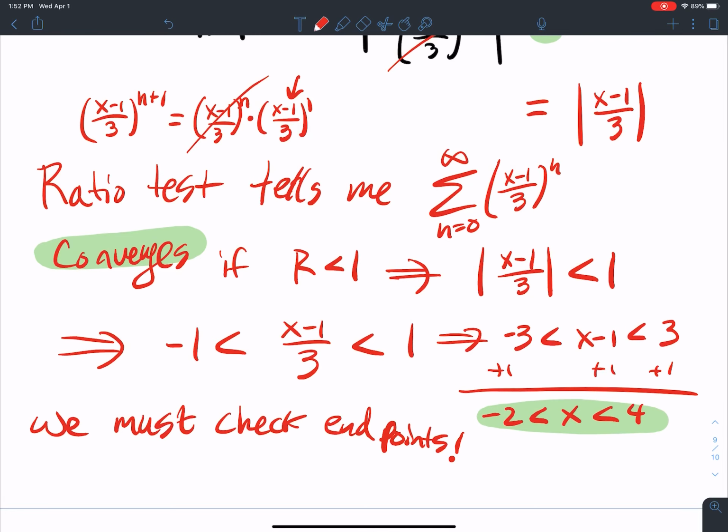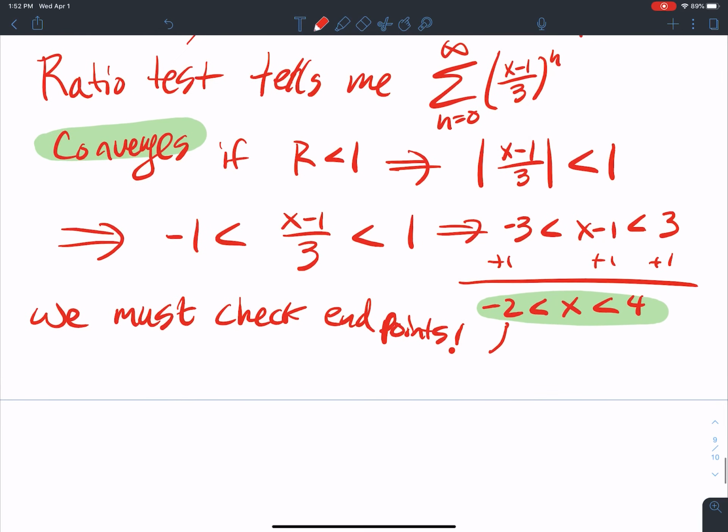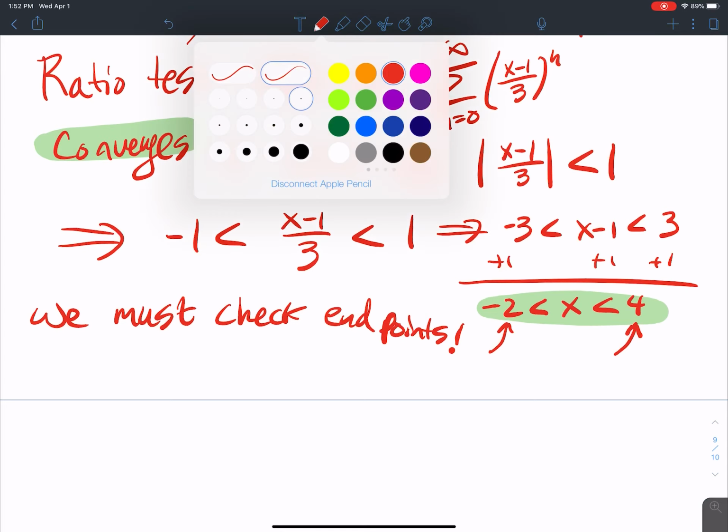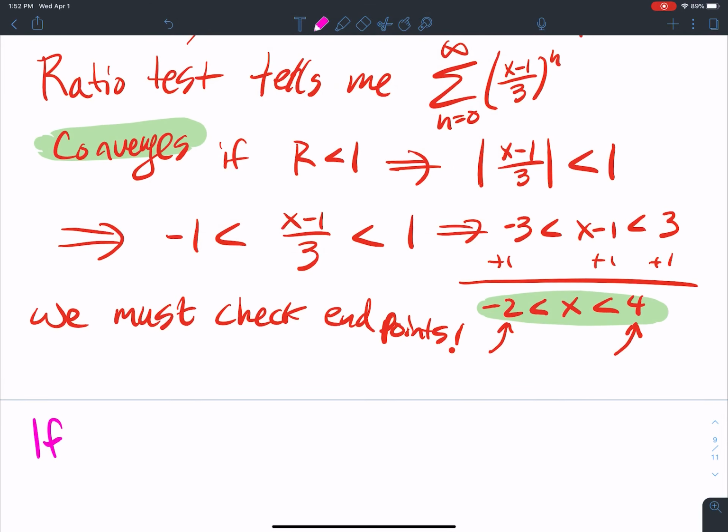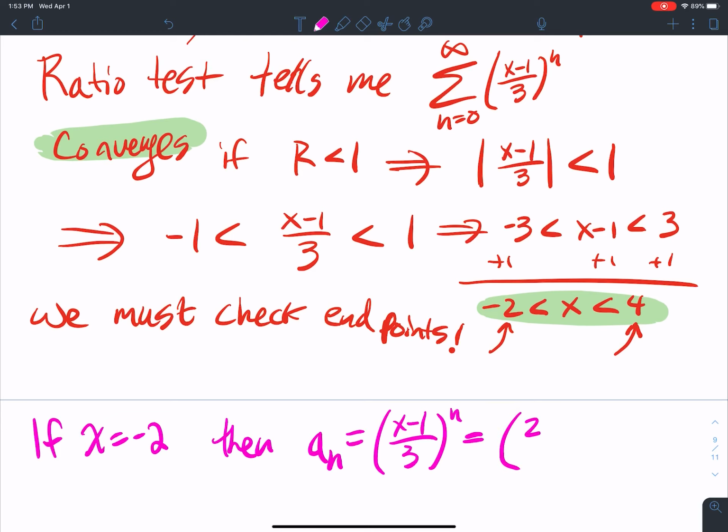So what are the endpoints? The endpoints are negative 2 and 4. So how do we check them? If x is equal to negative 2, then what happens? a_n, which was equal to (x minus 1 over 3) to the n, becomes (negative 2 minus 1 over 3) to the n, which is negative 3 over 3, which is negative 1 to the n.